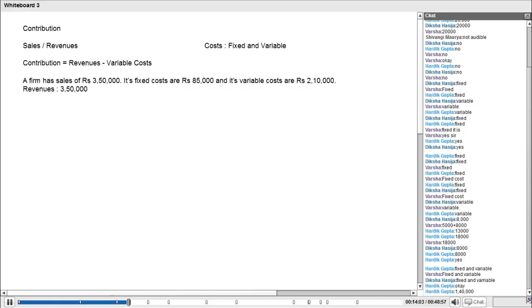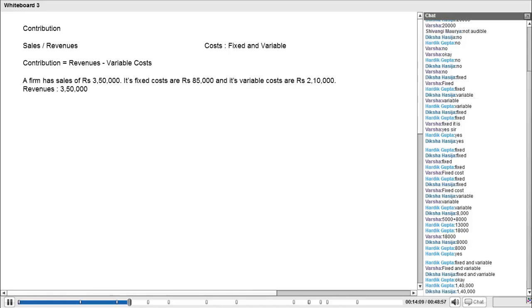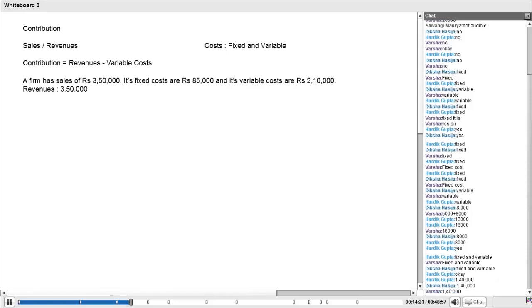What is variable cost? 2,10,000. So contribution is 3,50,000 minus 2,10,000, which is equal to 1,40,000. Okay, is that clear? Good. Let's move to the next exercise.